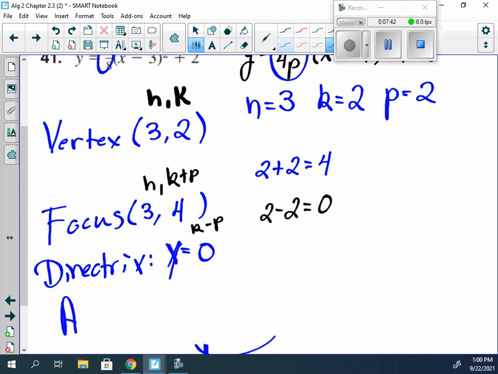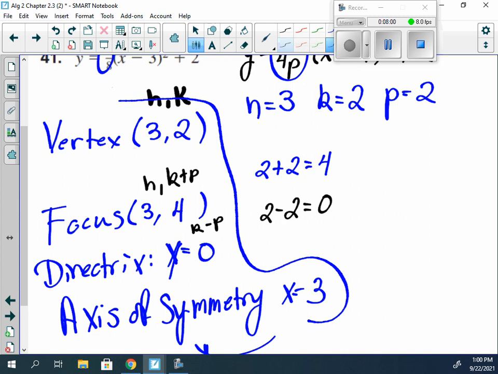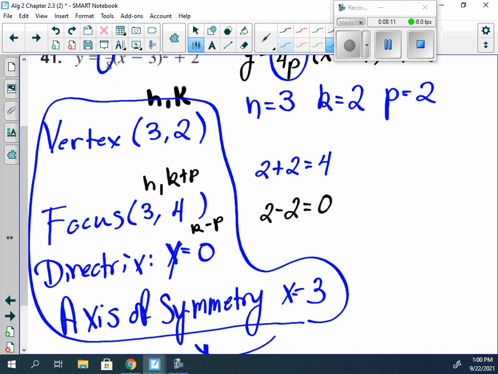And last but not least is the axis of symmetry, which is x equals h, and h is 3. That's it. Once we find h, k, and p, we just plug them back in to get the 4 things we want: the vertex, focus, directrix, and axis of symmetry. Questions on this? You ready for the next one? Yes.